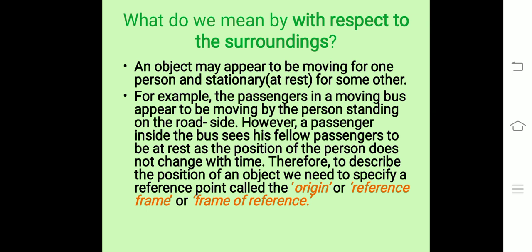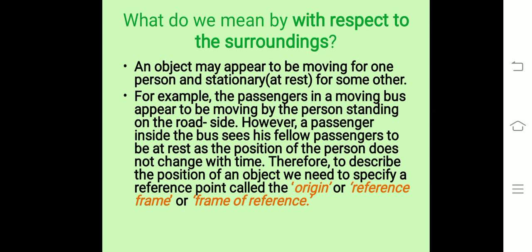However, a passenger inside the bus sees his fellow passengers to be at rest as the position of the person does not change with time. Therefore, to describe the position of an object, we need to specify a reference point called the origin or reference frame or frame of reference.